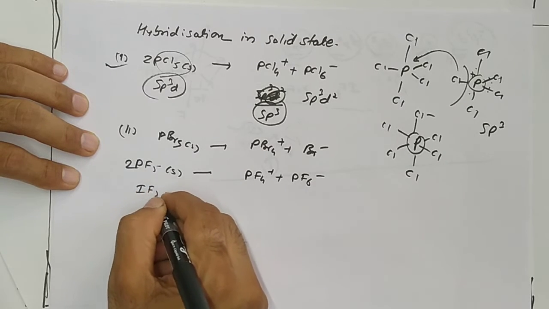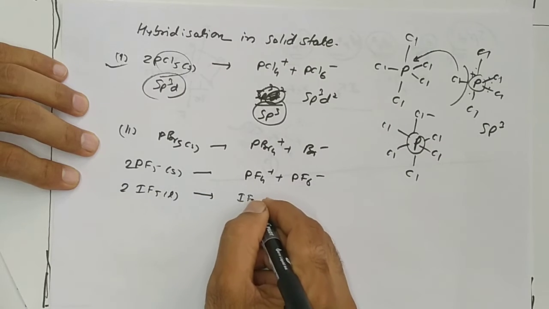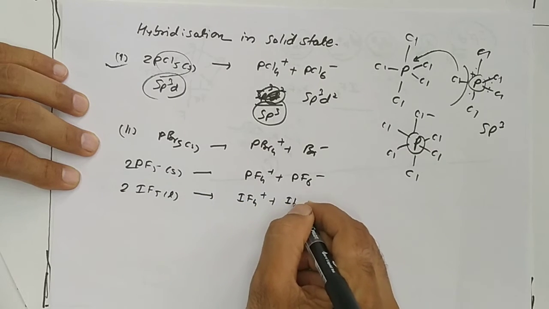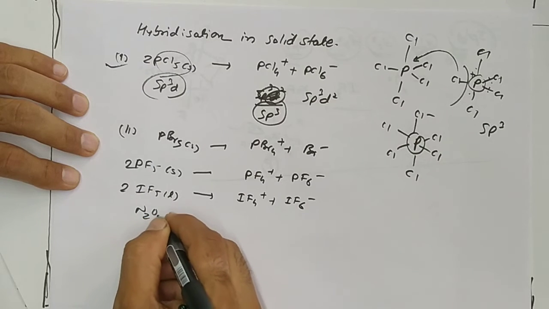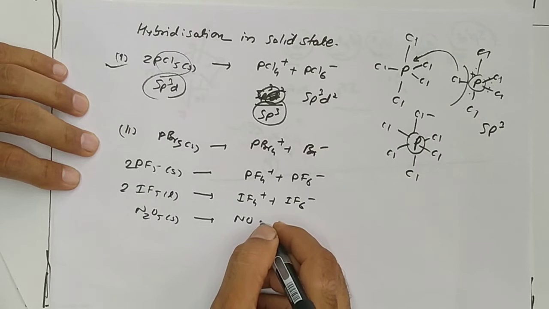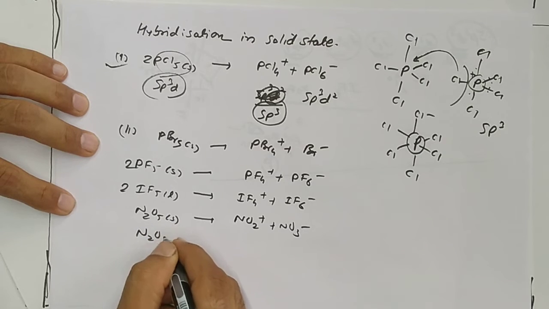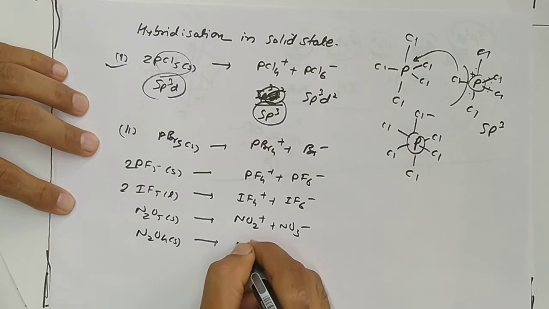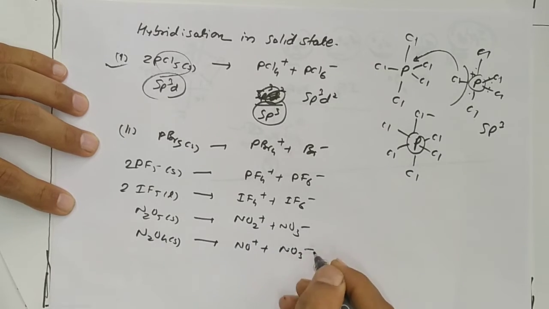In IF5 liquid, IF4 plus and IF6 minus. In the case of N2O5 solid, NO2 plus and NO3 minus. In the case of N2O4, it gives NO plus and NO3 minus.